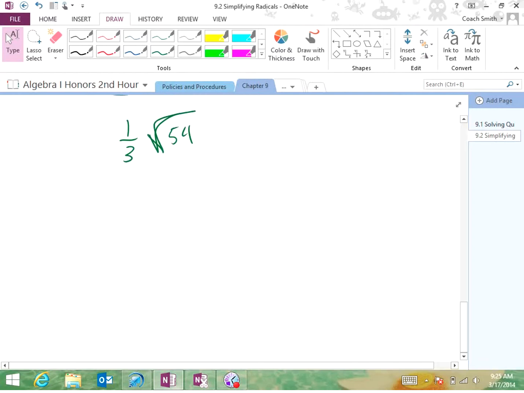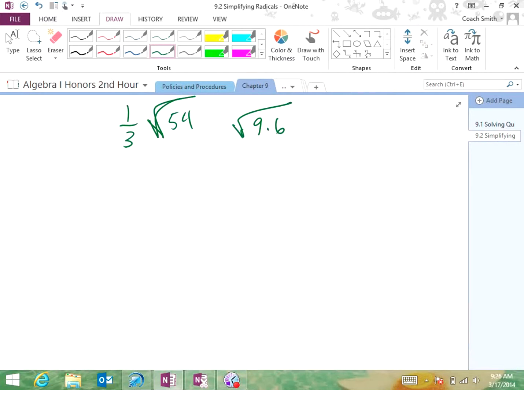All right. Now, this is why it's always so important to know your factors. Okay? Most of you prime factored this. Okay, you don't have to. Okay, 9 times 6, 9's a perfect square, and 9 times 6 is a factor of 54.